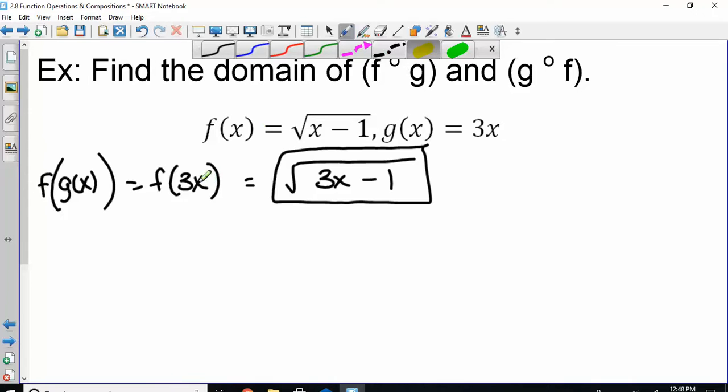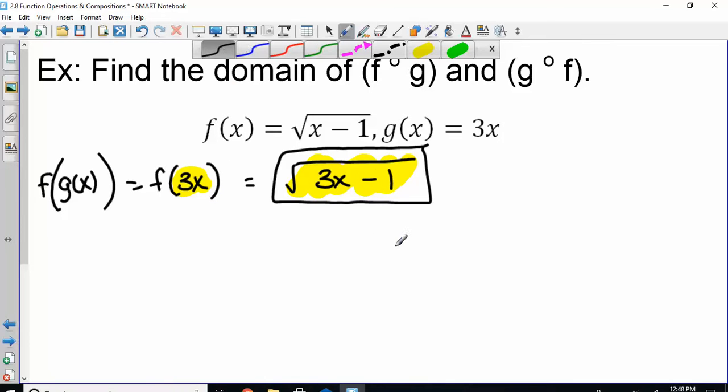For my domain, if I look at the inside, when you see 3x, what's the domain of that? Do we have any problems with it? It's not a fraction, it's not a radical, so we can put anything in there. So then we need to look at this piece. It's under a square root.